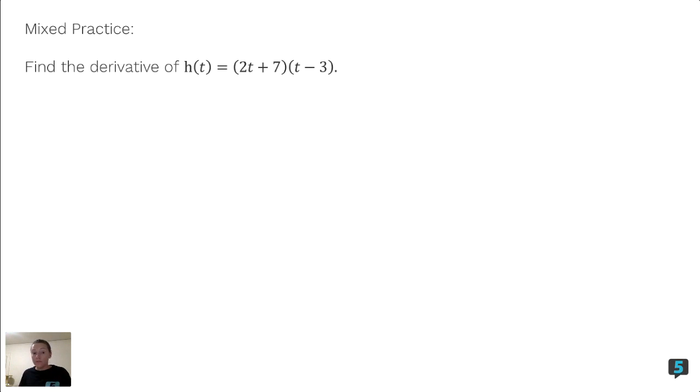Wouldn't be wrong, okay? But this is another one of those situations where I could quickly FOIL this out, and then I would just have quick one-steps to do.